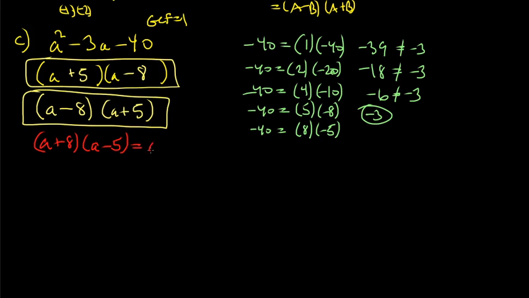Because this would multiply to a squared plus 3a minus 40. So what's wrong with that? Well, not much, but this is a minus 3, this is a plus 3, so not the same thing. So don't switch the signs here. You can switch the order of the factors, but you cannot switch the signs.